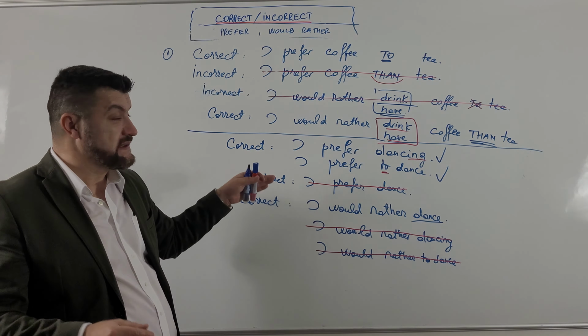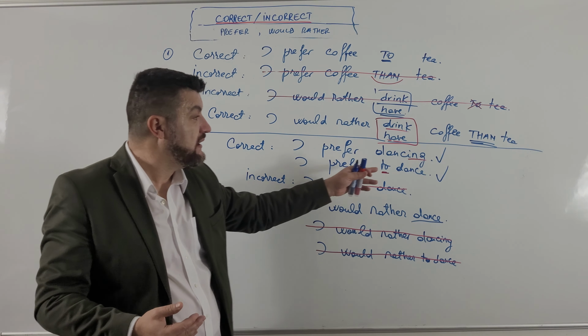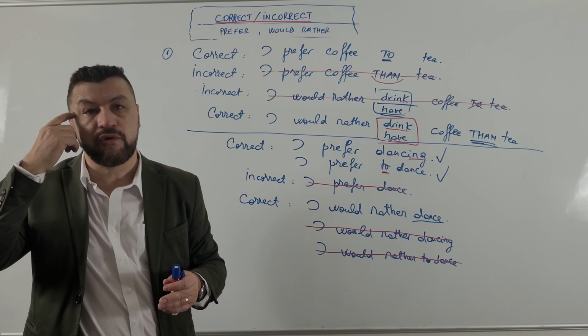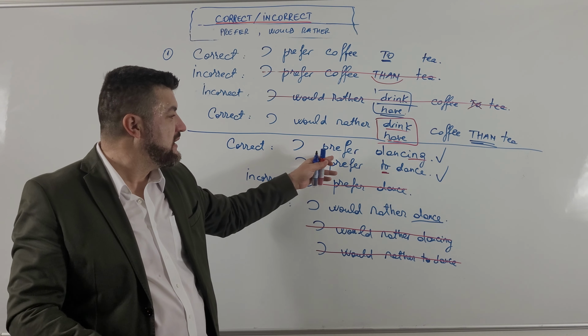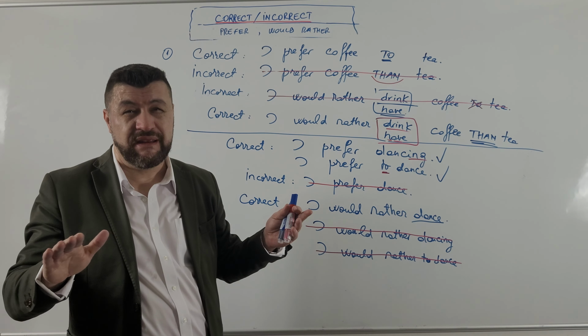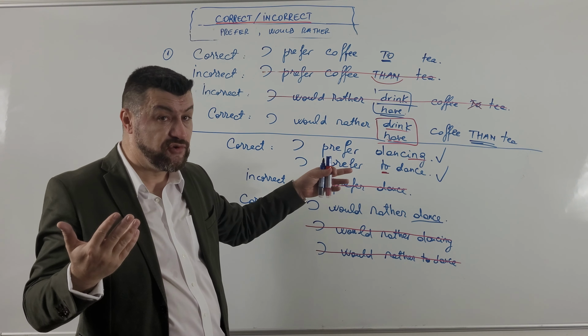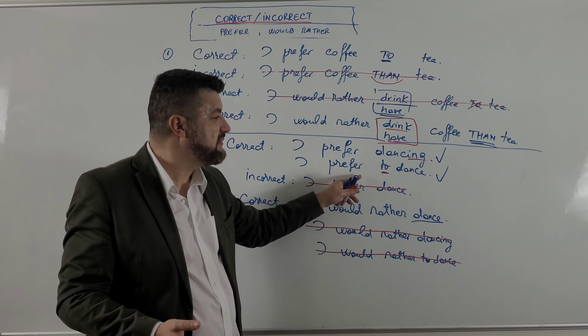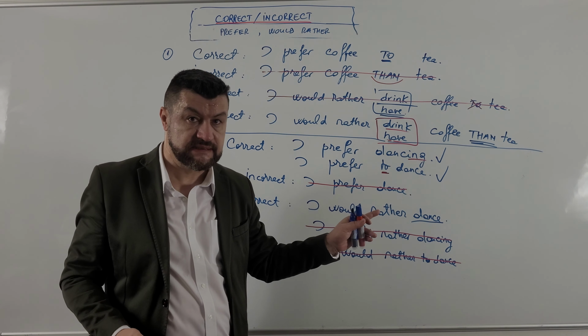Good. The second kind of mistakes comes from using a verb after prefer or would rather and its form. With prefer, it is very unlikely to make a mistake. I don't think you'll make this mistake because you have two options. I prefer dancing, I prefer to dance. These two are correct. What is wrong is I prefer dance.